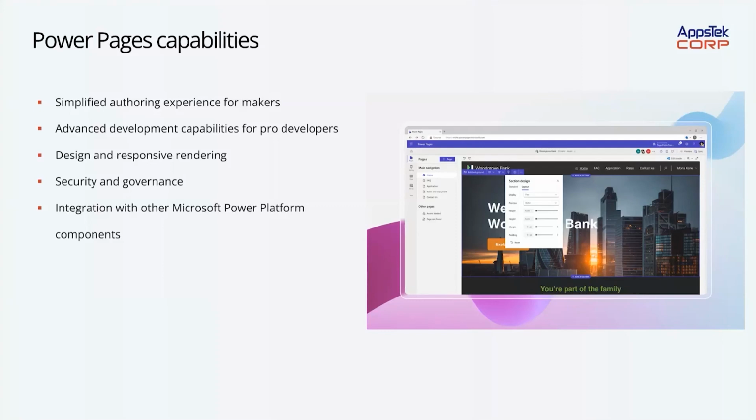Power Pages is hosted as Azure App Service, which has the ISO and the System and Organization Controls, or SOC, and even the Payment Card Industry Data Security Standards, or in short, PCI DSS compliance. Power Pages supports modern TLS crypto standards, which is TLS 1.2, and has built-in Azure DDoS protection.